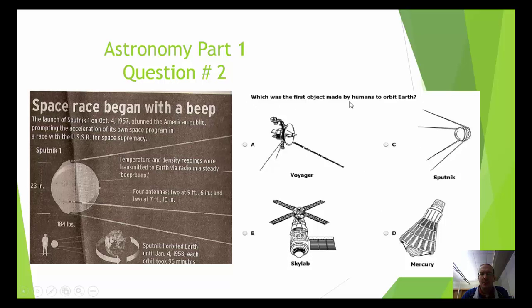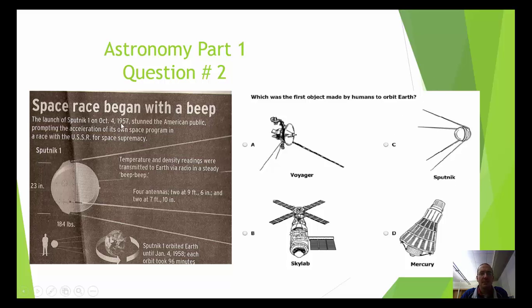Which was the first object made by humans to orbit the Earth? Looking at this picture, the main idea you need to think about is which one came first. The least advanced objects had to have come first when you talk about any type of advancements. A and C appear to be the least amount of advancement, and then B and D appear to have occurred much later after C and A. Correct answer here is C, Sputnik.